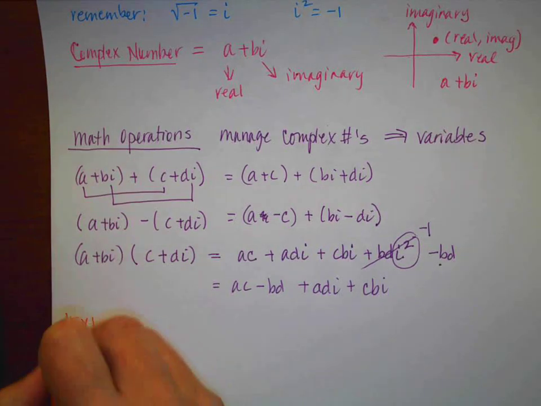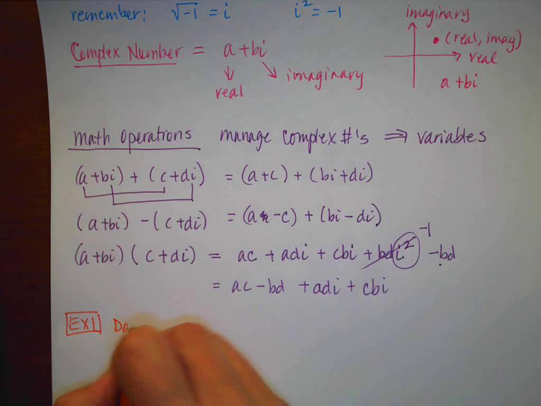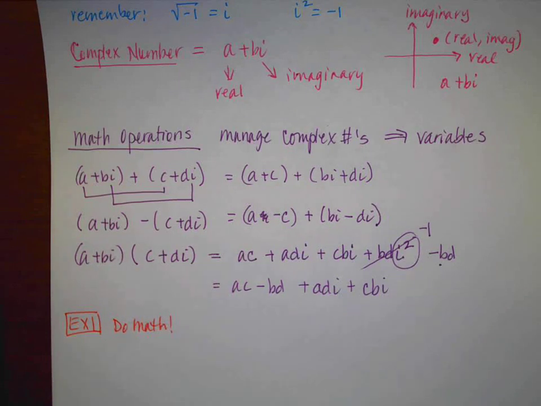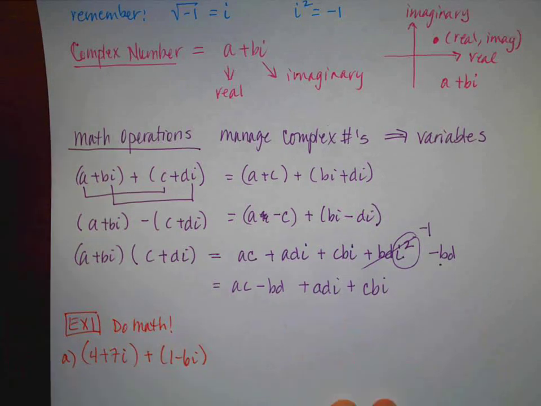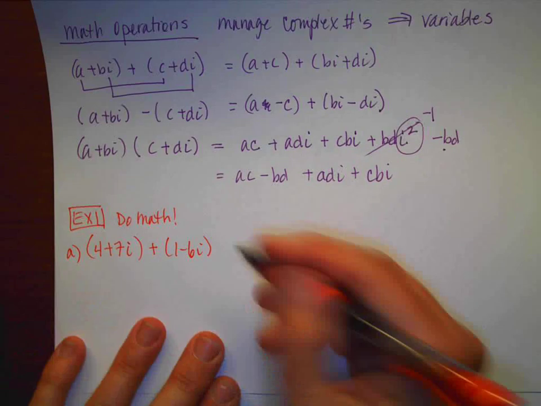So this is going to be example 1, and the directions say, do math, my absolute favorite. So I'm going to have 4 + 7i, and then plus, and this is going to be the a piece, 1 - 6i, like things play together.